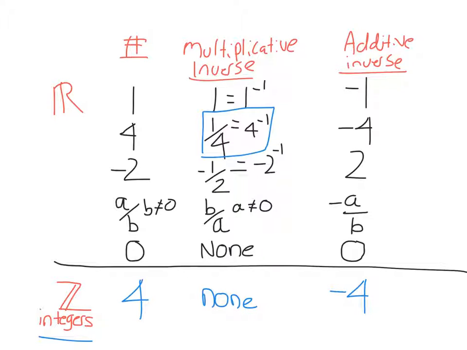So I want to make that point. If we're not talking about the real numbers, if we're talking about some subset, including if we're talking the integers modulo m, not all elements will have a multiplicative inverse, because the thing you multiply by to get back to 1 will not necessarily be in that set.